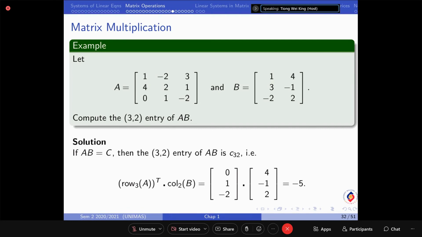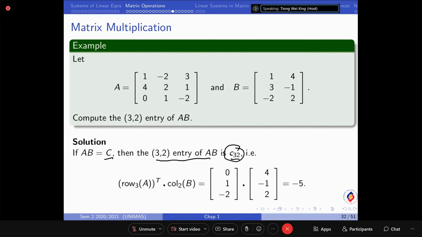Let A be given by this matrix, B is given by this matrix. Compute the (3,2) entry of AB. Rather than computing the entire matrix, we only compute one entry of the matrix AB. If matrix AB equals matrix C, then the (3,2) entry is C32. How to find C32?